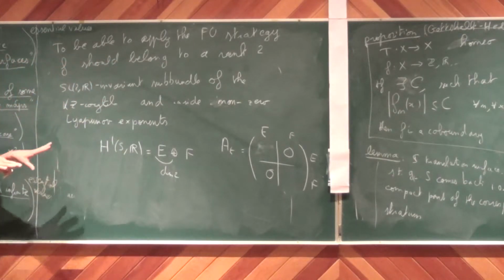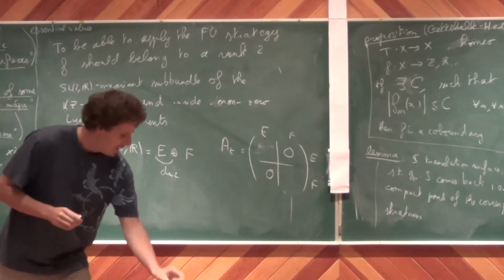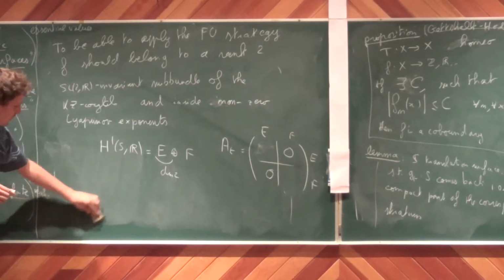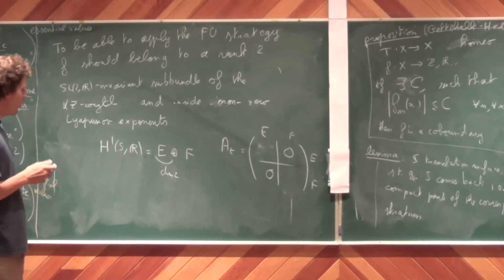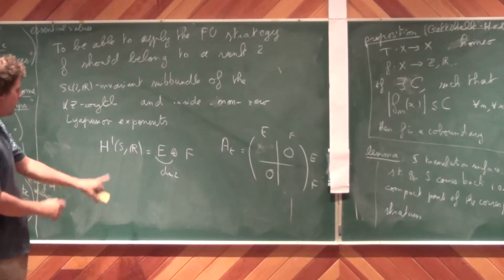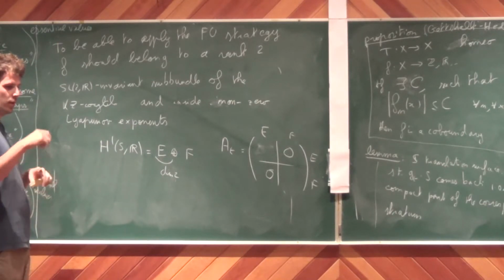So you have two subspaces which are preserved by all your matrices. And this happens in two different cases. The first one is when you do have some arithmetic property related to the field of definition, and the other one, which is the one we are interested in right now, is because you have some symmetries.